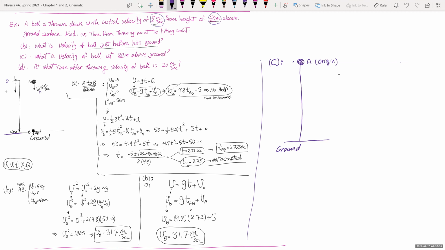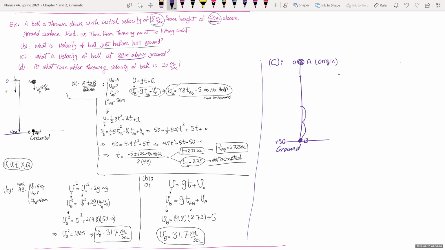If point A is 0, this point is 50, which is point B. So 20 meters above the ground is here, correct?